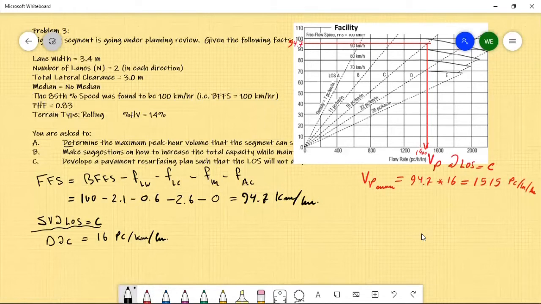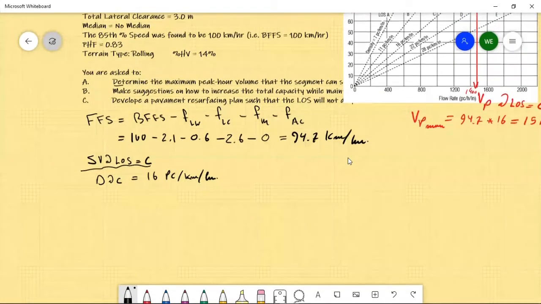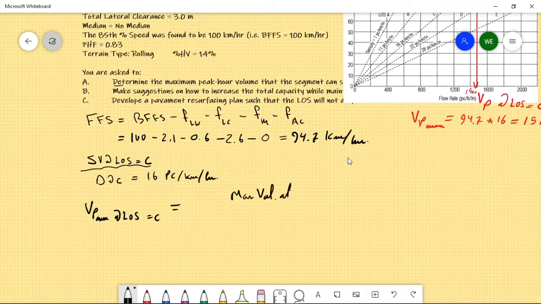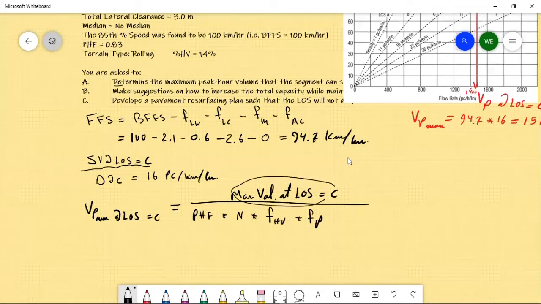So that means the maximum volume at level of service equal C will equal the VP max multiplied by the peak hour factor, the number of lanes, the factor for heavy vehicles, and the FP. So this is what we are looking for.